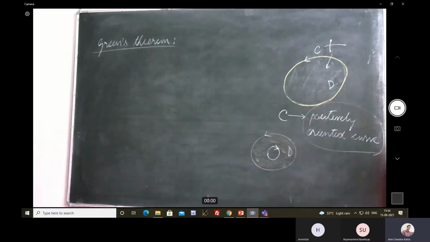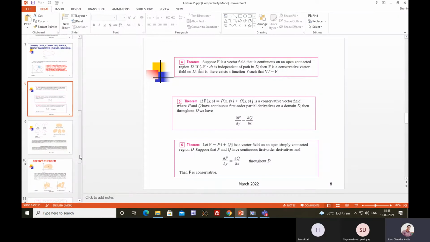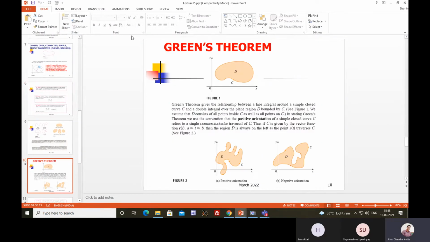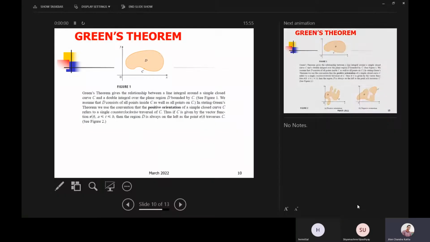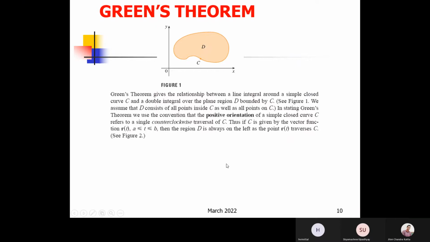So I would simply like to show you Green's theorem. You can see it, right? Yeah. So this is Green's theorem. Okay.